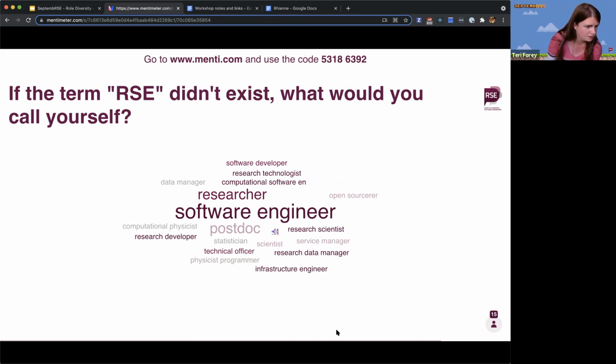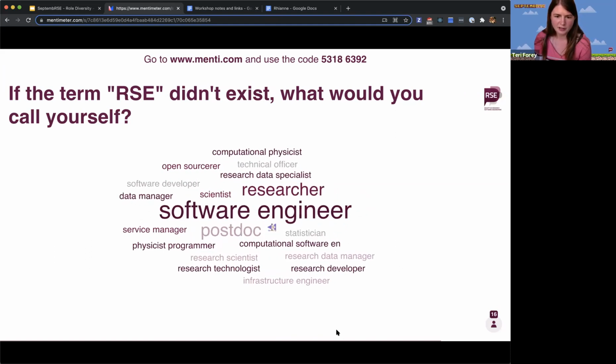Oh, the wizard emoji was supposed to be alongside something else. Although I feel like the wizard emoji should just stand on its own. Or with the open sorcerer, yeah, would make sense. But it's okay, so software engineer seems to be the big one, followed by researcher and then postdoc. Cool, guys, that's really interesting. There's a comment in the chat about technical officer, that we didn't know what to call this person on the grant application job title. It is certainly quite vague in some ways.